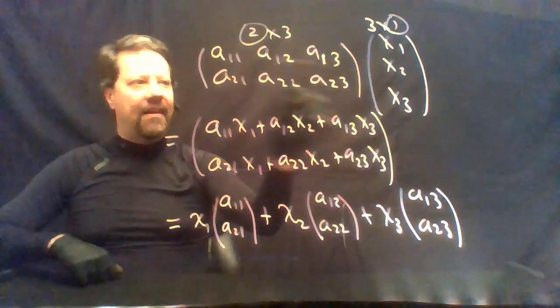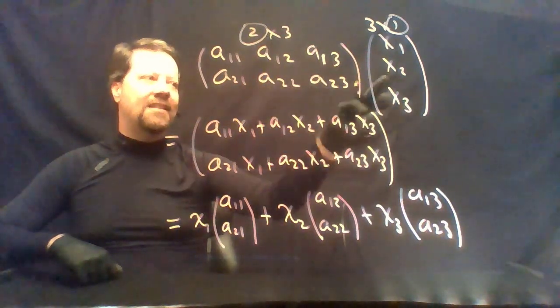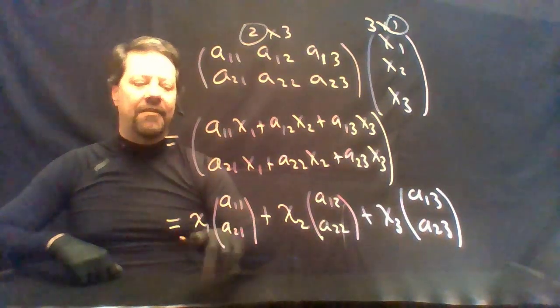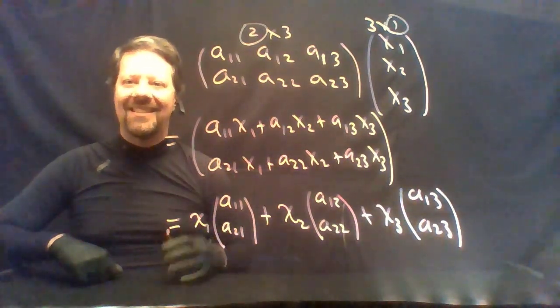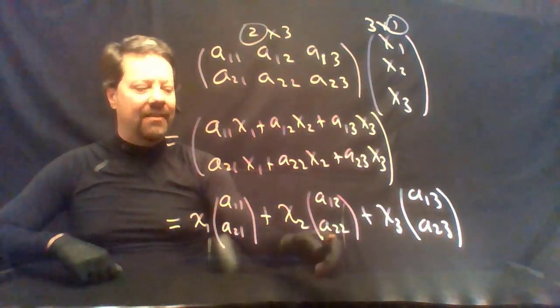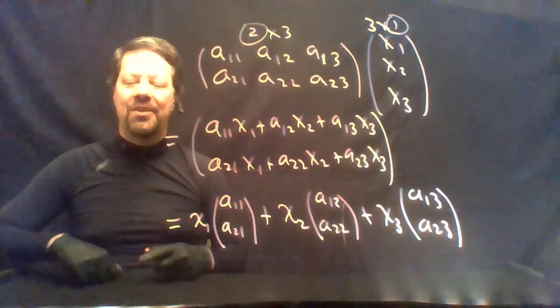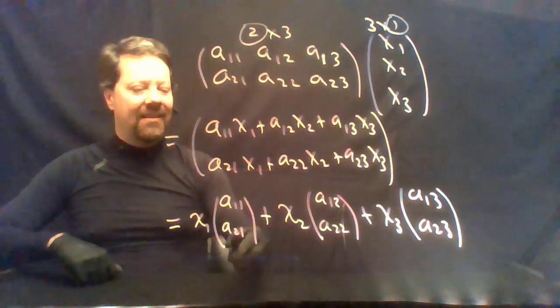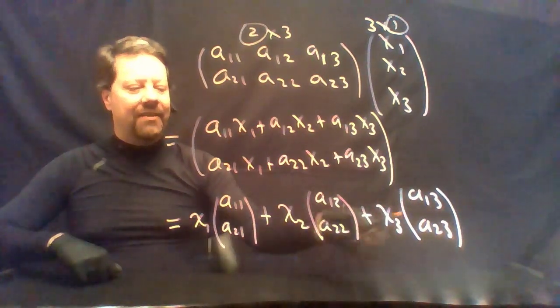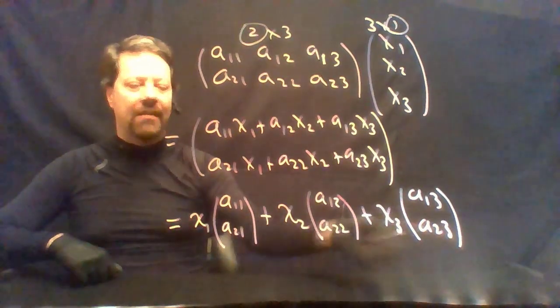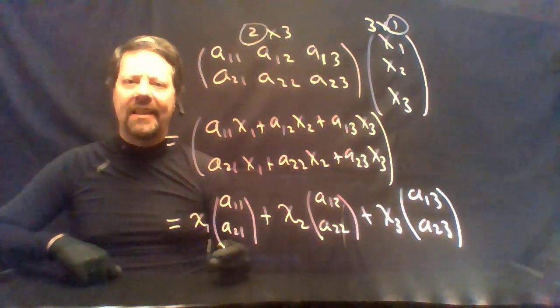So I can think of this product as giving me a combination of the columns of this form. Whenever I take some vectors, and these vectors are the columns of the 2 by 3 matrix, whenever I take those vectors and take scalars times vector plus scalar times vector plus scalar times vector, that's called a linear combination.